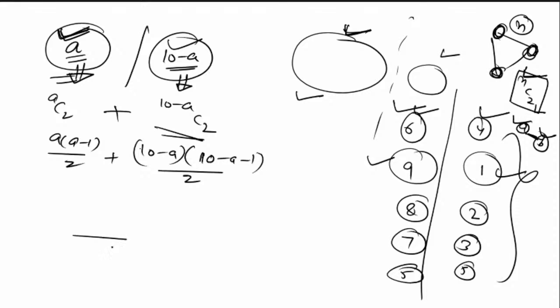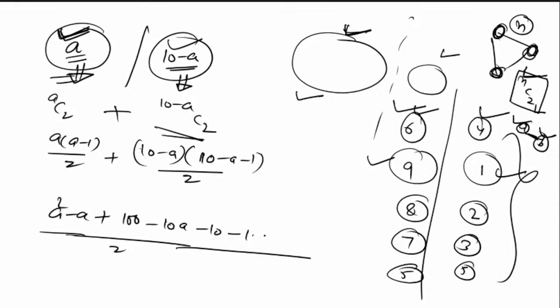Now what will you get? You will get a square minus a plus... let me calculate it. 100 minus 10a, minus 10a, plus a square and plus a. So this is what you will get.